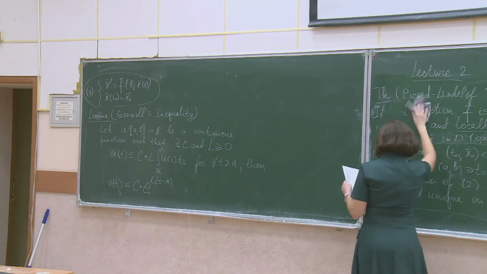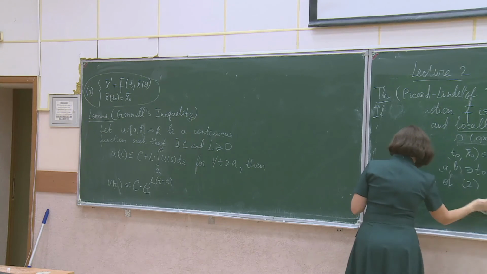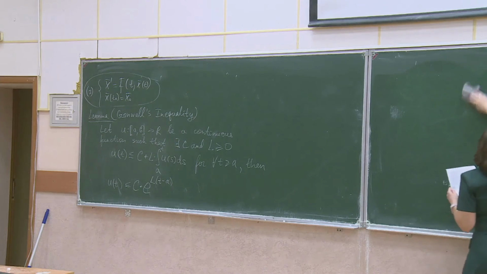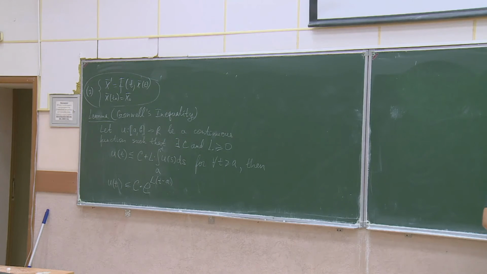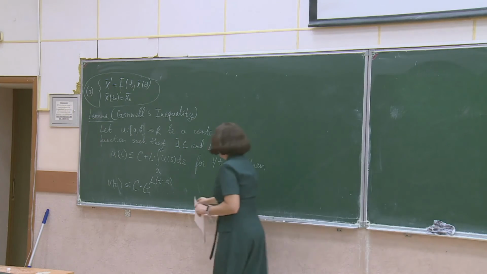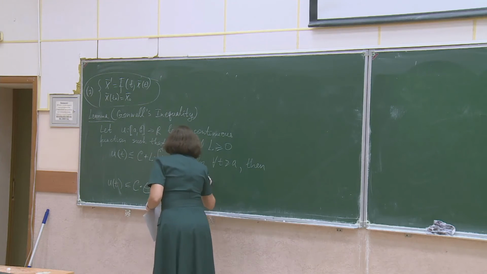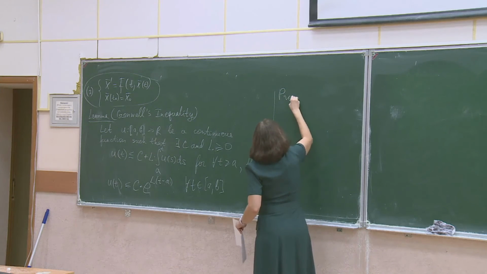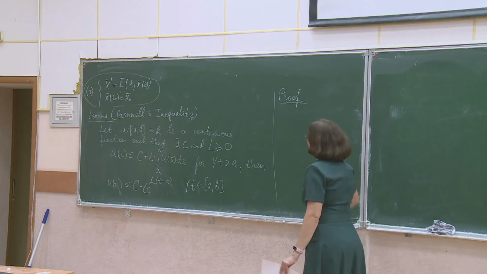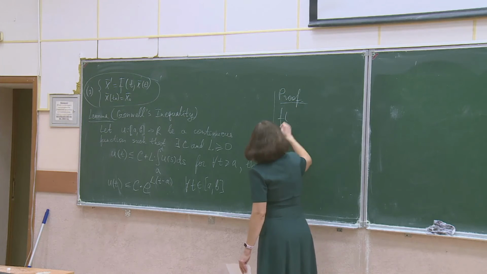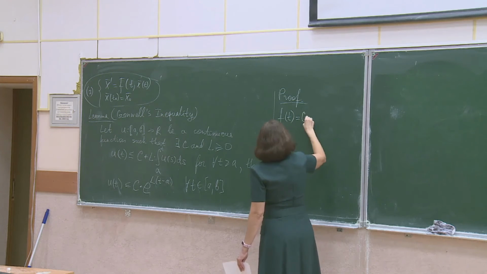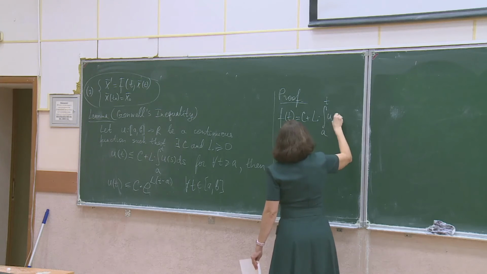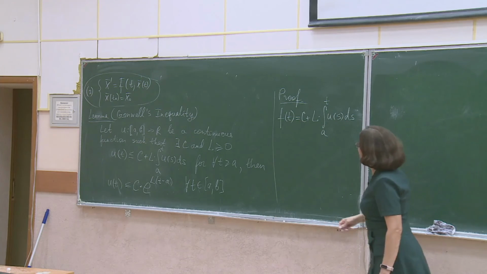It will be used. Now I will prove it. To prove this lemma, I will introduce the function f of t, which is equal to c plus L times the integral from a to t of u of s ds.